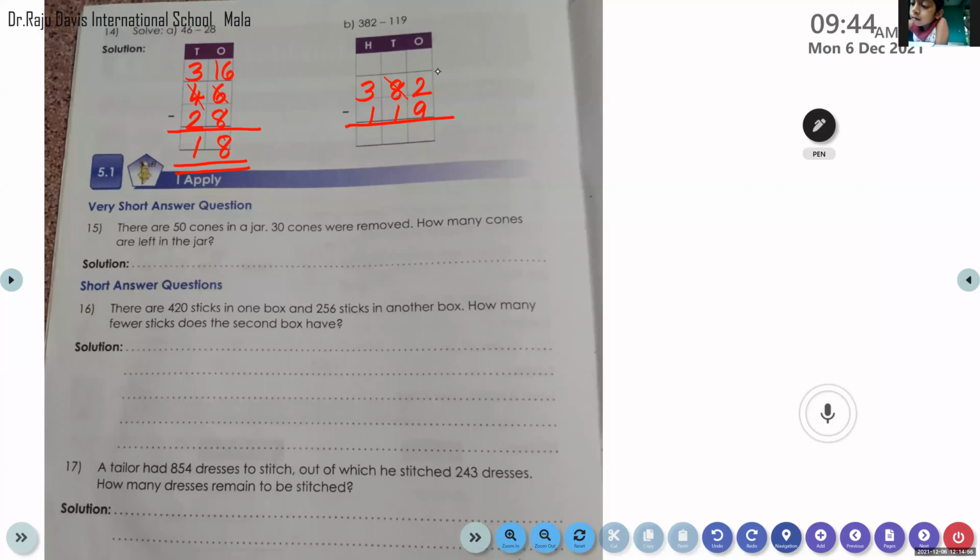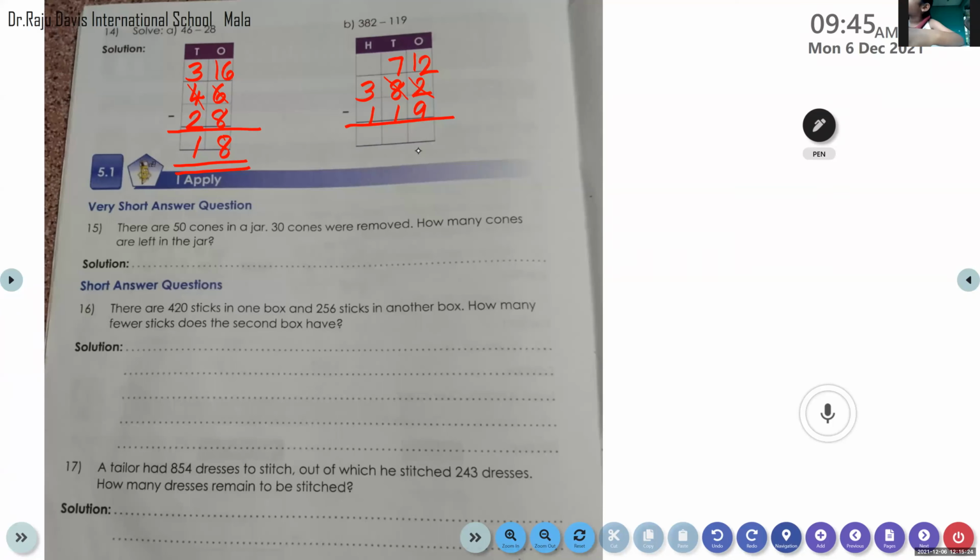Ryan, are you getting the answer? What is the answer, Ryan? 12 minus 9. After 9, count up to 12. 3. And what about the tens?